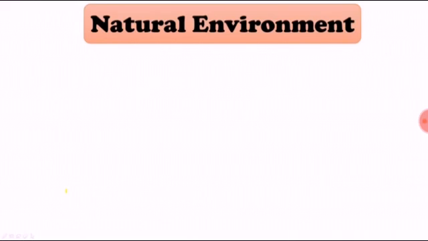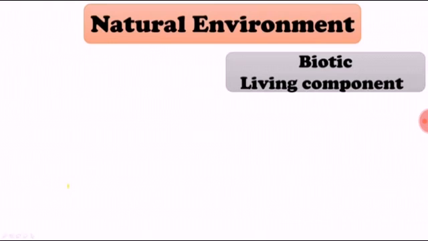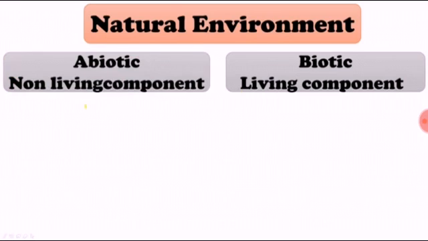Now we will see the first one, natural environment. What is natural environment? If we talk about the natural environment, it is present in nature. So we can classify this into two categories: biotic, that is living components, and abiotic, non-living components.